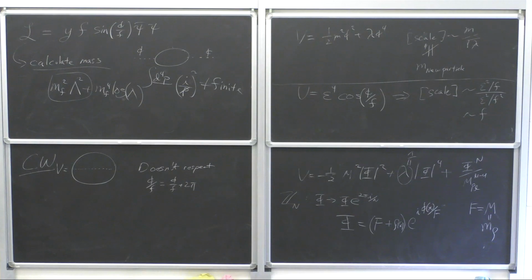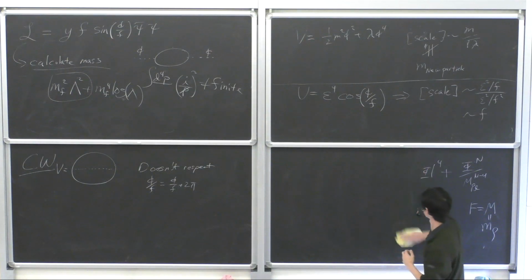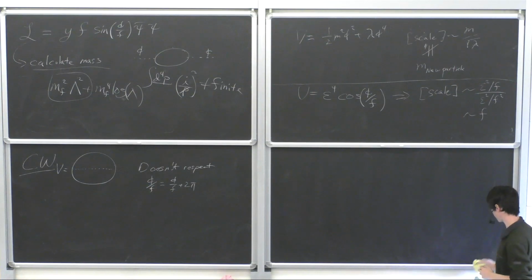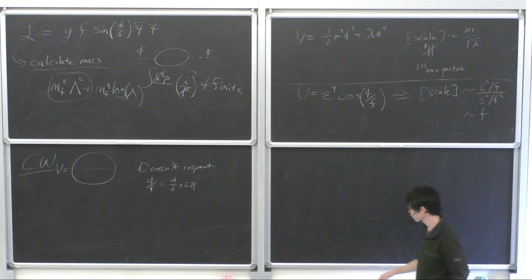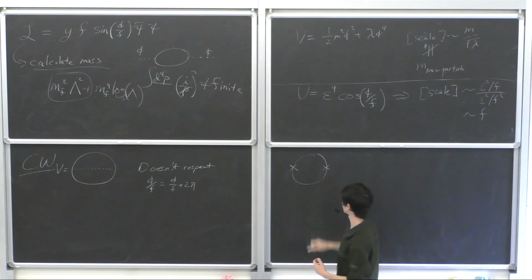Okay, so how do we do that? Well, that means we have to keep every term in the Taylor series, right? We actually have to see the entire sine. So what this means is, let's be slightly more explicit. In particular, the term that is normally divergent is the mass.